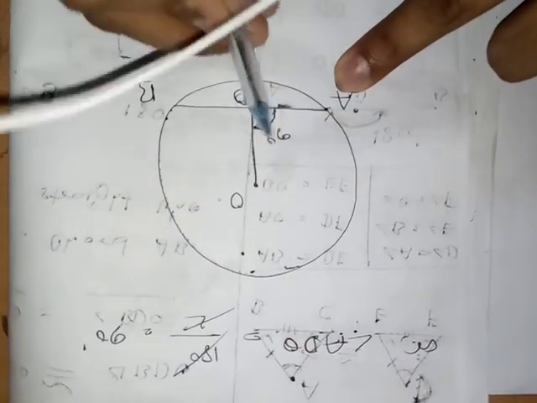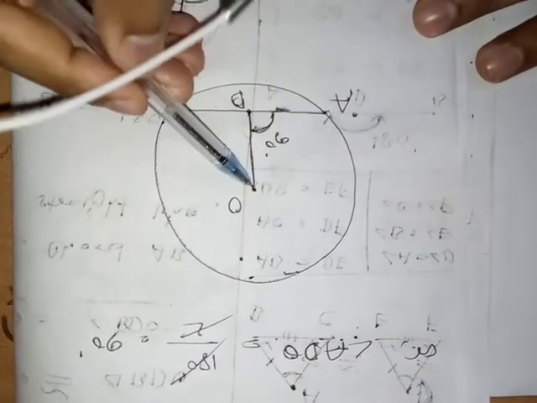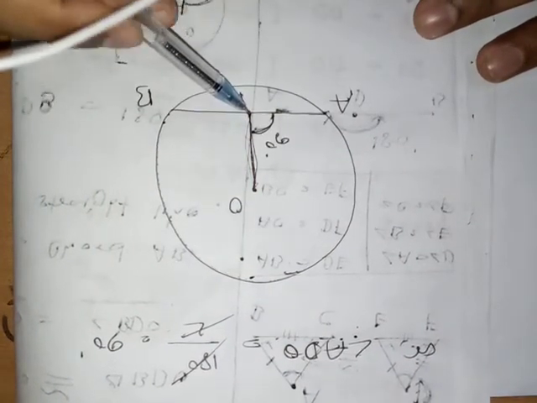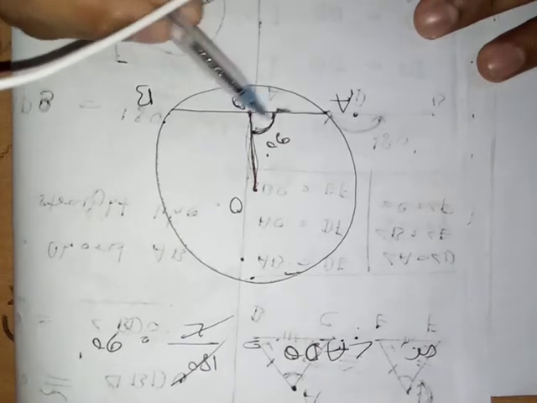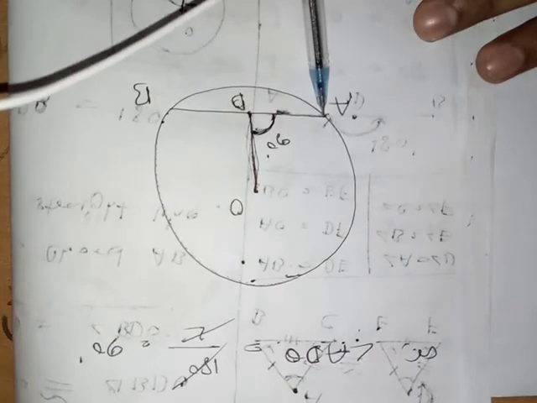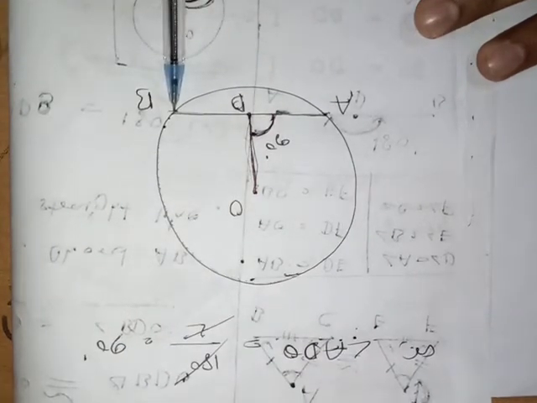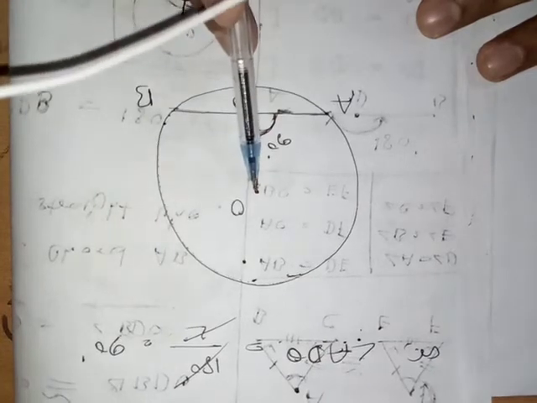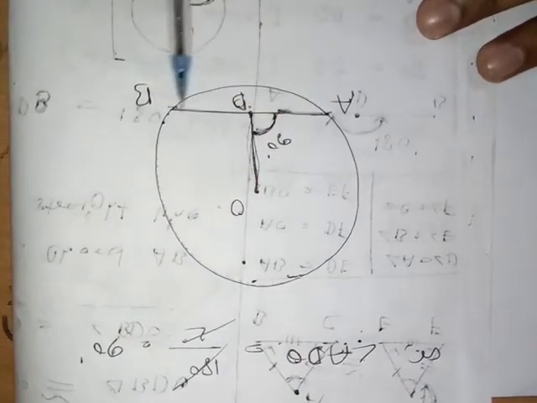That means this line segment has created an angle of 90 degrees with the chord AB. That means the line segment OD is perpendicular to the chord AB.